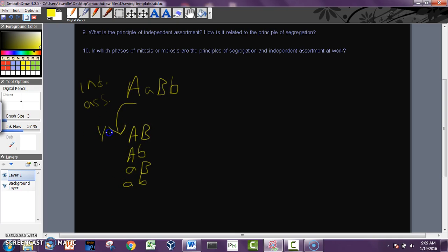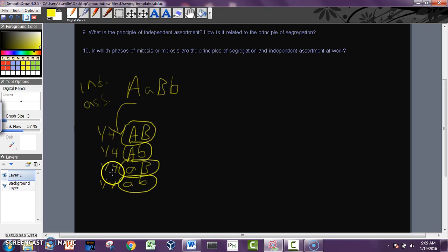But the other thing that's important is that these are all equally likely. They're all gametes. Gametes are actually cells. That's why we draw these little circles. These are sperm cells or egg cells or pollen cells if you're dealing with plants.